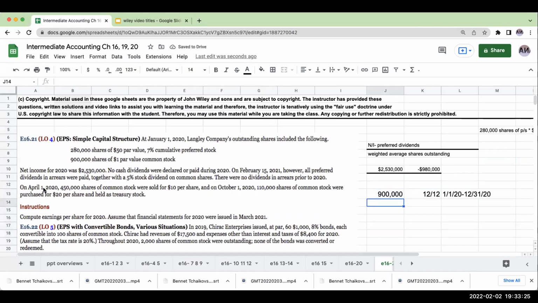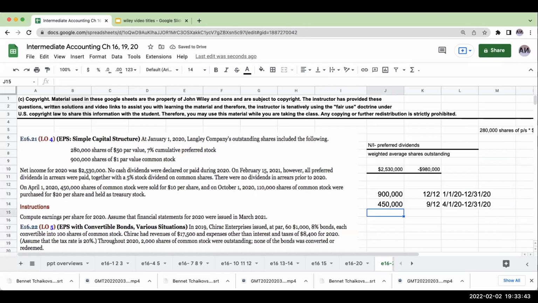Now it says that on April 1st, 450,000 shares of common stock were sold. Since it was on April 1st, this is going to be 9/12, or 4/1/20 to 12/31/20.